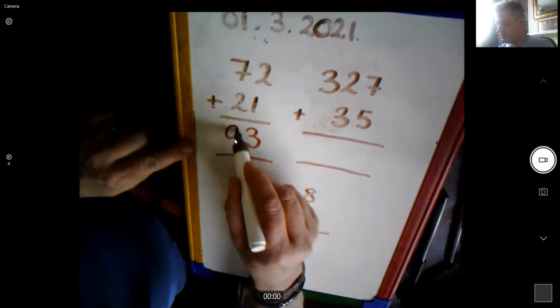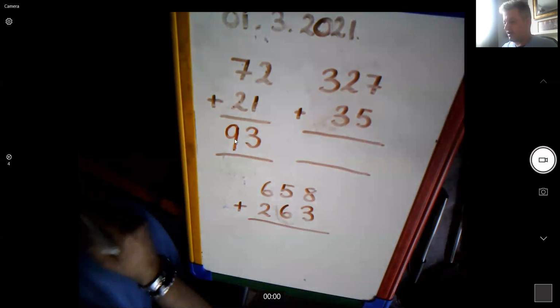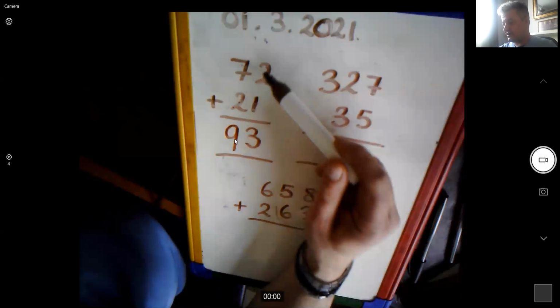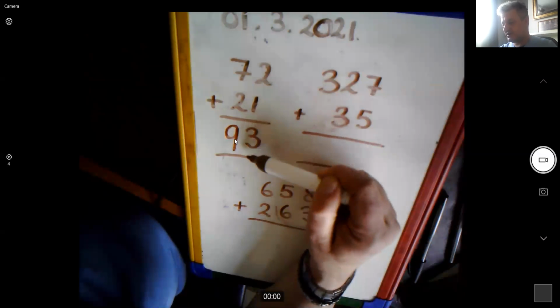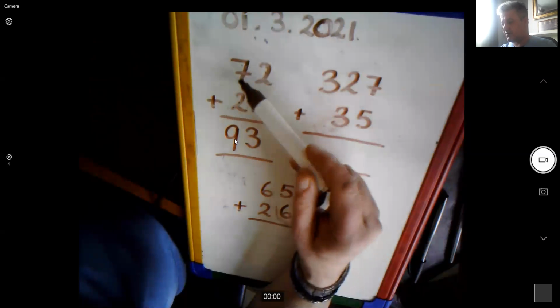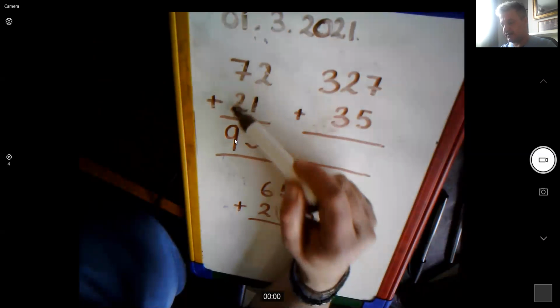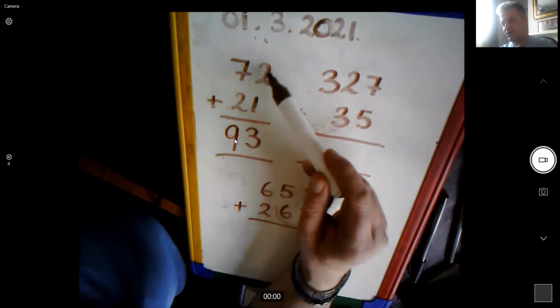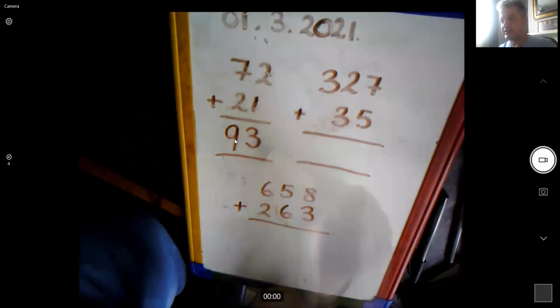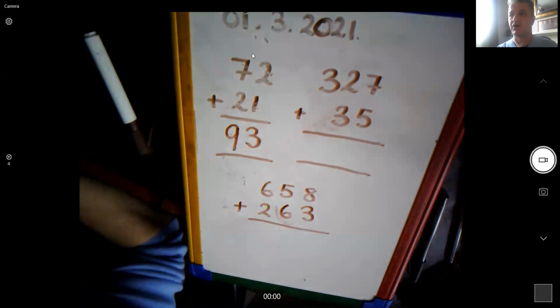We end up with an answer of 93, making sure again that our units are under the units and our tens are under the tens. 72 add 21: 7 tens add 2 tens is 9 tens, 2 units add 1 unit is 3 units. That's a very straightforward column addition question.